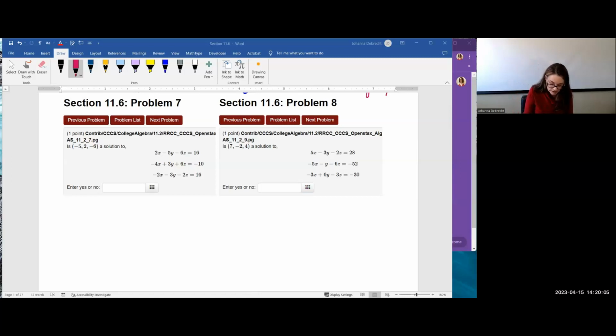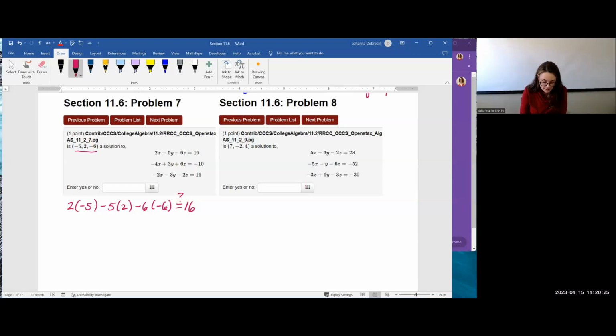So we're going to check, right? Over here on this one, I want to check if -5, 2, -6 is a solution to the system. So I have 2 times -5 minus 5 times 2 minus 6 times -6. And it's a question, does it equal 16?